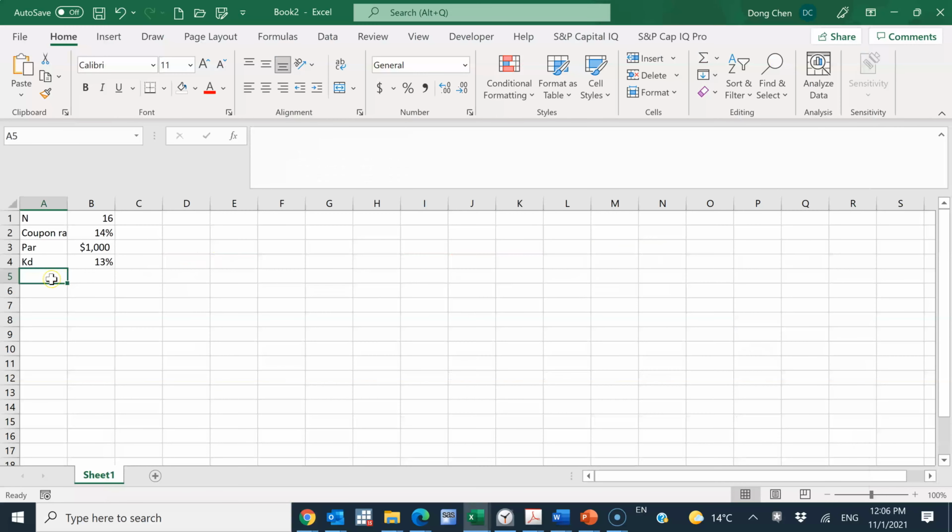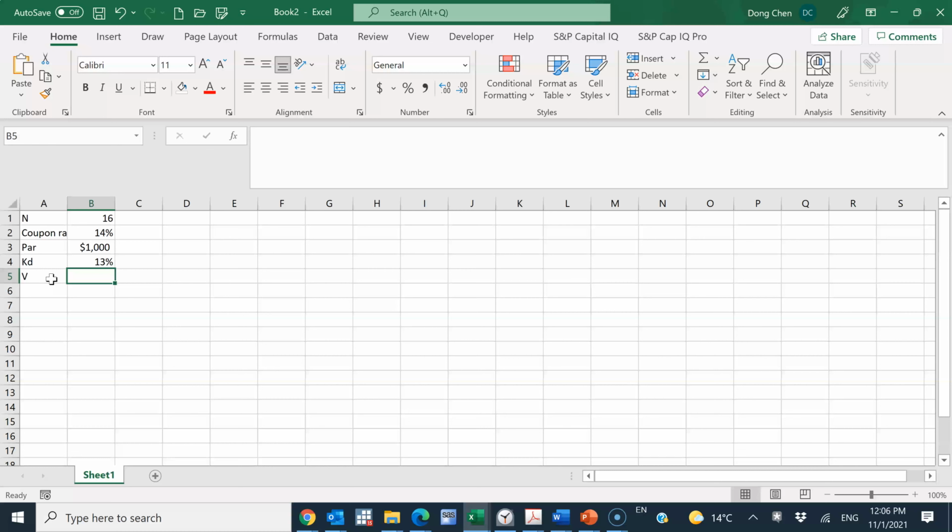So then we know that the value of the bond is simply the present value of all future cash flows, right? For a bond, the future cash flows include both the coupon, which is sort of an annuity, and the final par value or the principal value back. So that's a single cash flow.